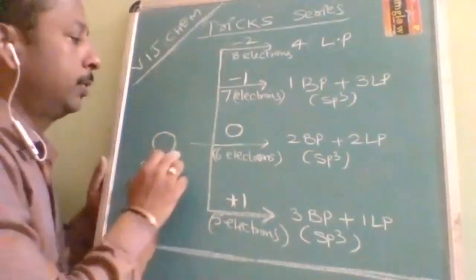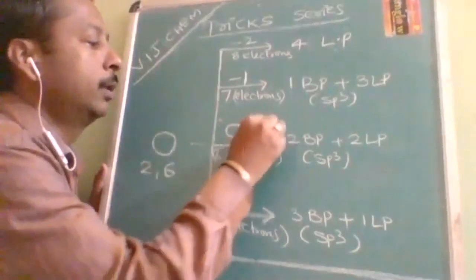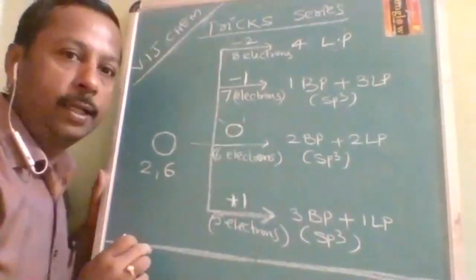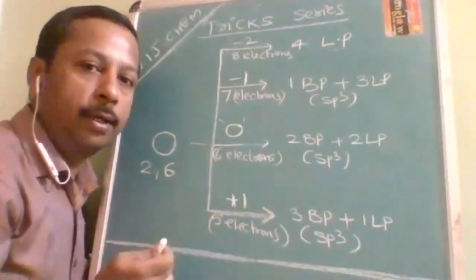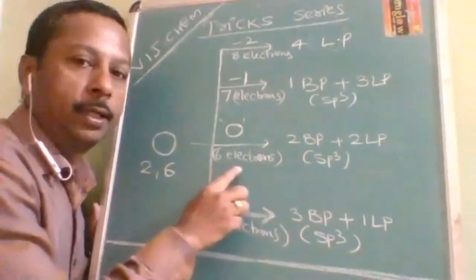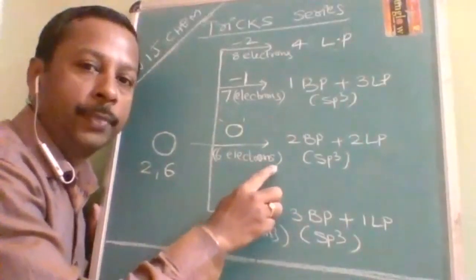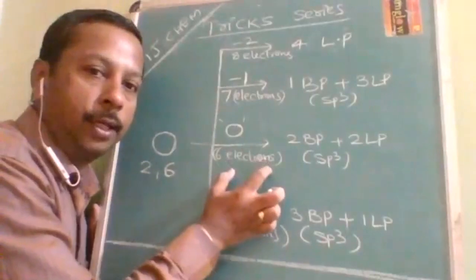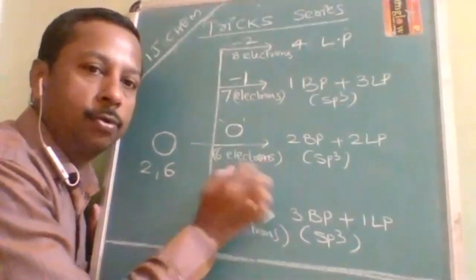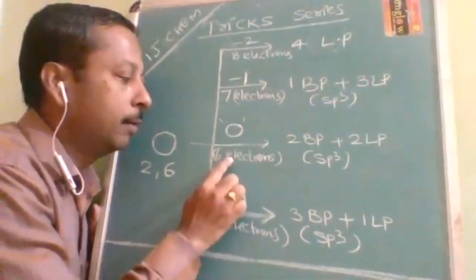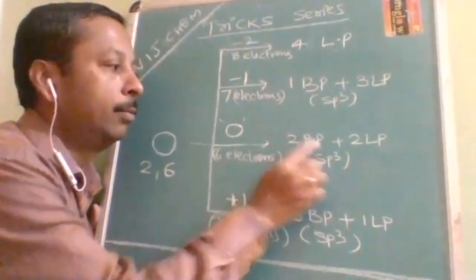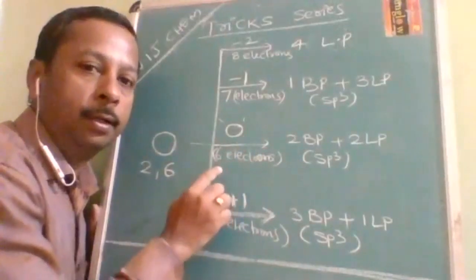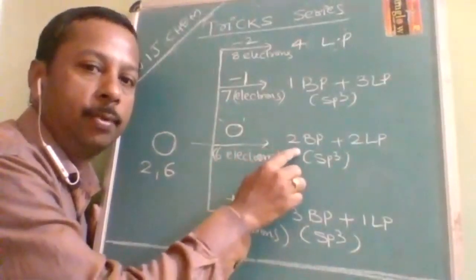Suppose there is no charge at all, that means the formal charge is 0. That means no electron is coming in or going out. At that condition, it will have 6 electrons. To gain an octet, how many electrons are required? 2 more electrons are required. That means out of 6 electrons, 2 will form bonds: 6 plus 2 is 8, then it will gain an octet.